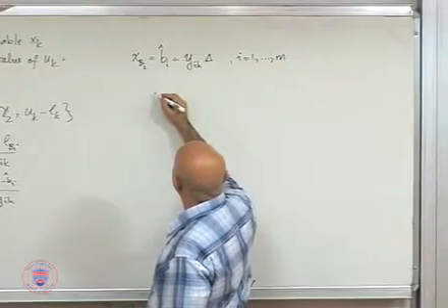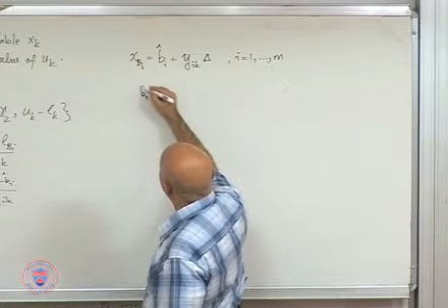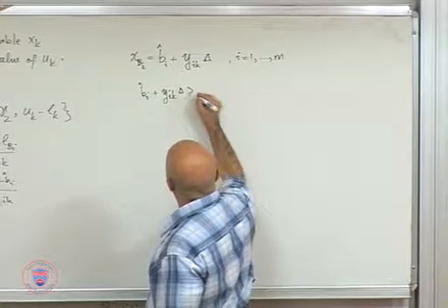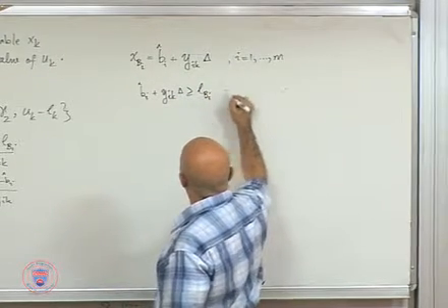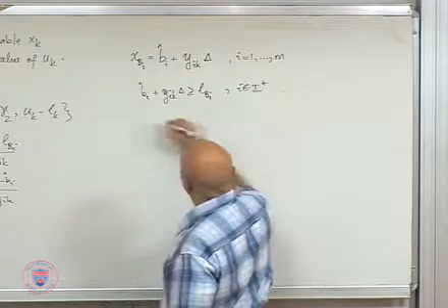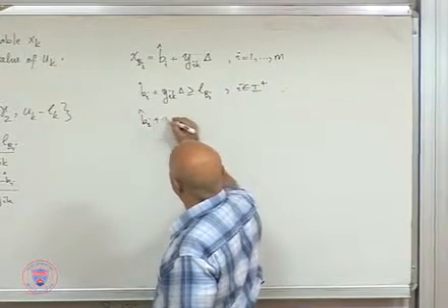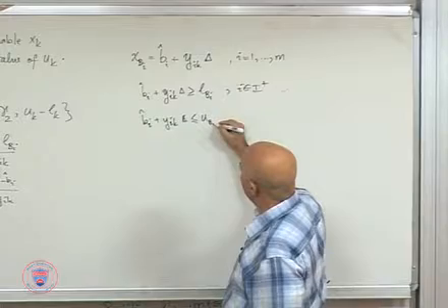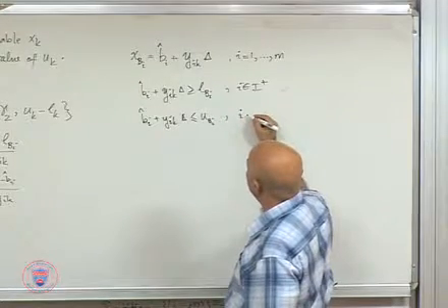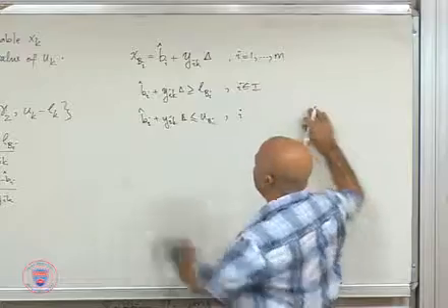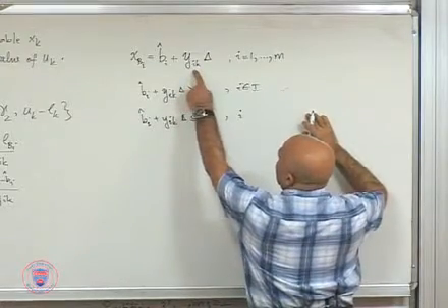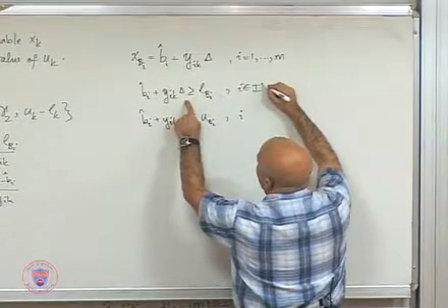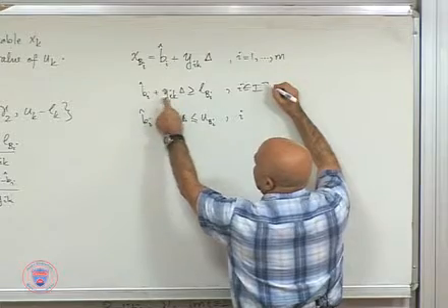In this case, you want b_i cap plus y_ik delta to be greater than or equal to the lower bound for i in I plus, and you want that to be less than or equal to the upper bound for i in I minus. Just a second, did I do it right? So, when y_ik itself is minus, this is going down.